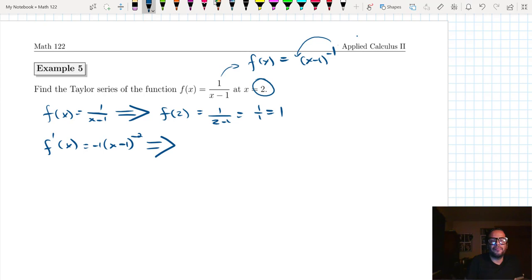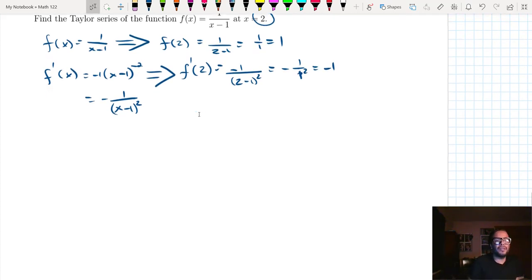Evaluate f prime at 2. By the way, let me rewrite this as x minus 1 squared. This will be negative 1 over 2 minus 1 quantity squared, that is negative 1 over 1 squared. That's negative 1.